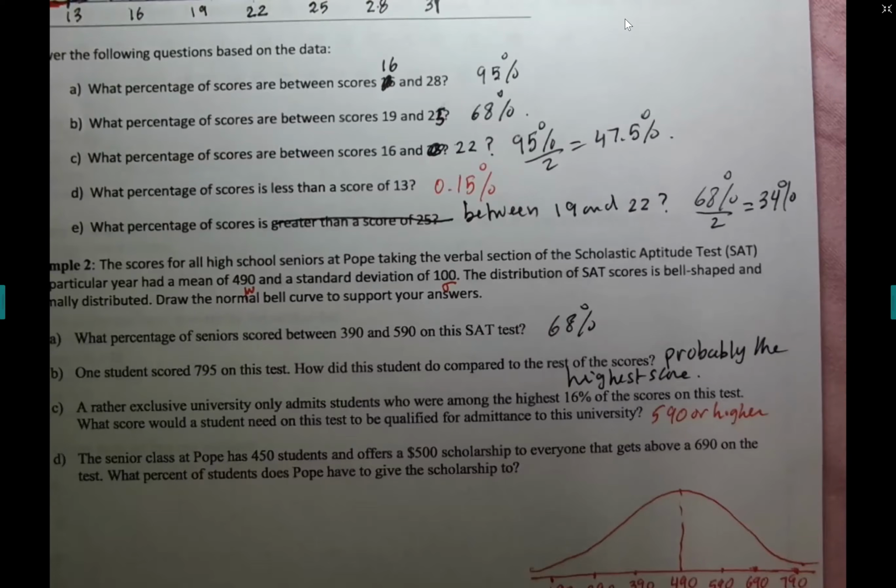The senior class at Pope has 450 students and offers a $500 scholarship to everyone that goes above 690. What percent of the students will get the scholarship? Let's go to the graph.